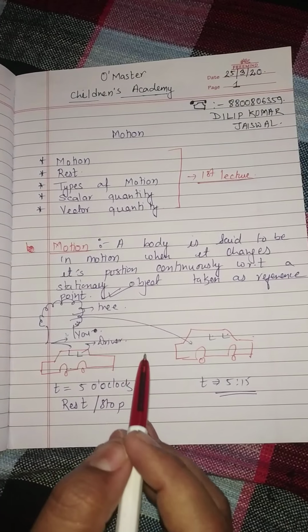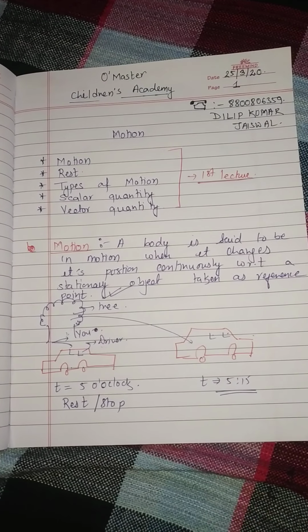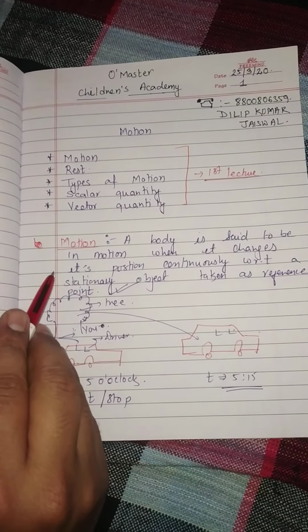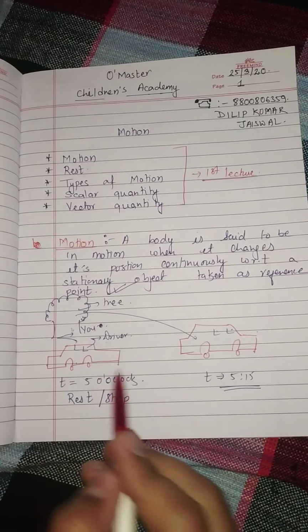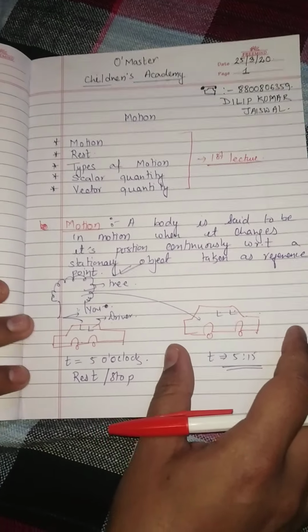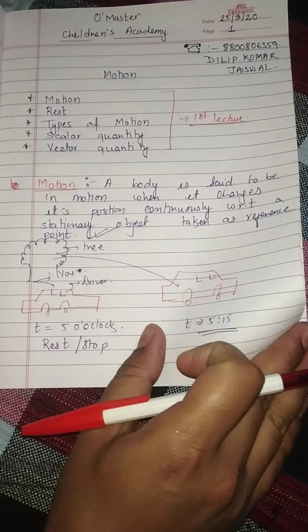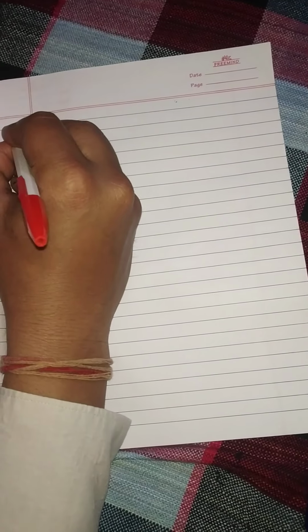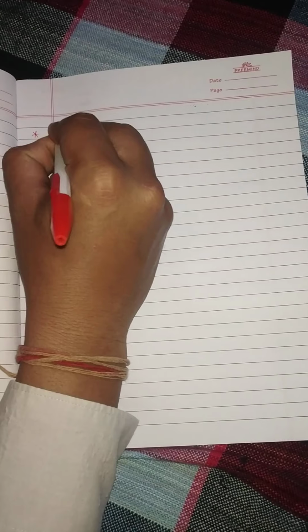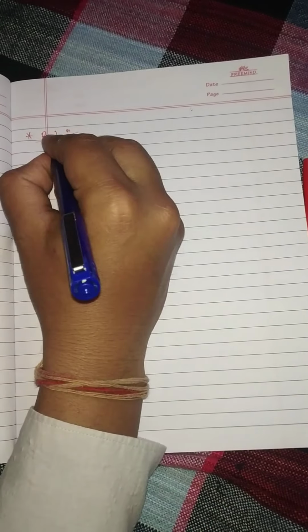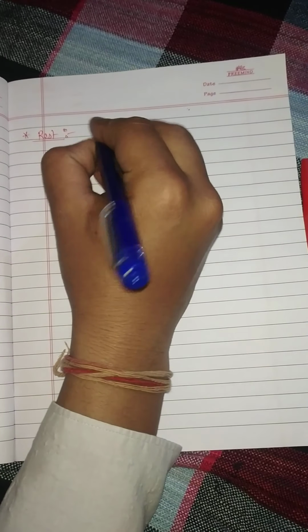For example, you are sitting on a chair. You are stationary with respect to the wall, but you are in motion with respect to the earth. Many examples can be taken. So hence we can say that rest, just reverse the definition.